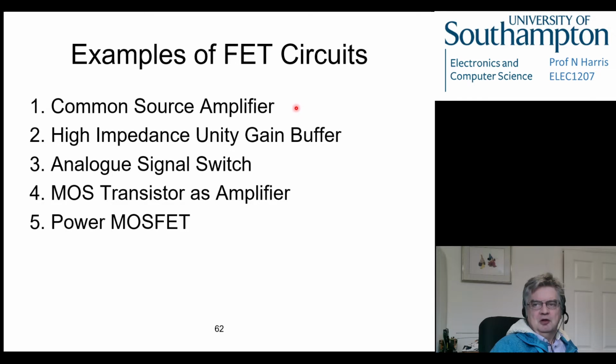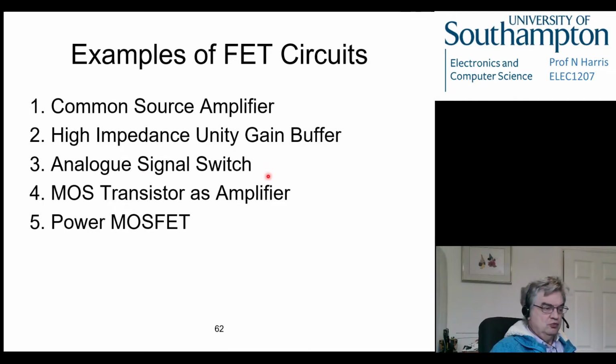which is a bit like a common emitter amplifier if we were using bipolars, the same kind of idea, so same kind of results we should expect. And then we're going to look at something called a high impedance unity gain buffer, and the importance of why it's high impedance and the importance of it being unity gain will be discussed and explained, hopefully. And then we do something that we can't use bipolars for, analog signal switches.